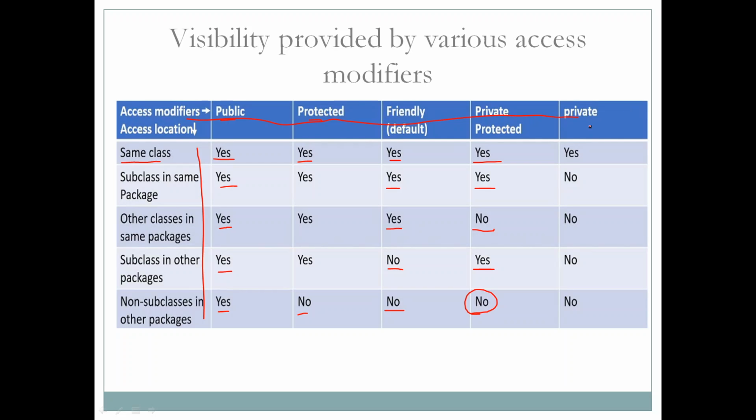Now in case of private, we have only one yes, as all know. That means private is accessed only in the same class where it is declared, otherwise it is not accessed in any other location. Okay, so these are the visibility controls or accessibility controls which are available in Java.